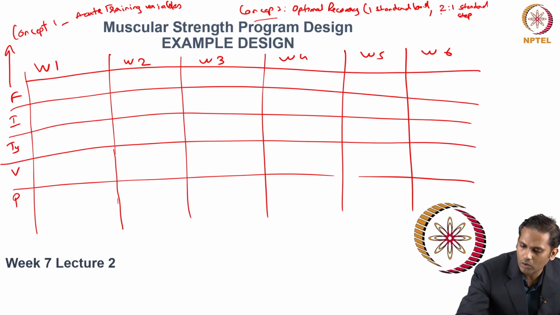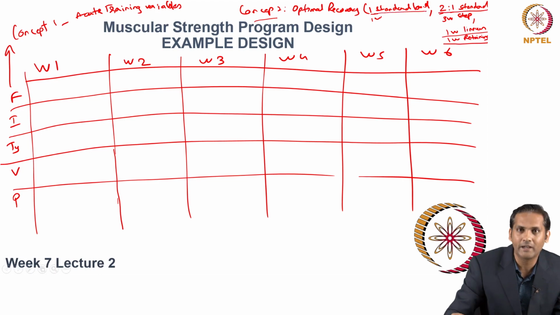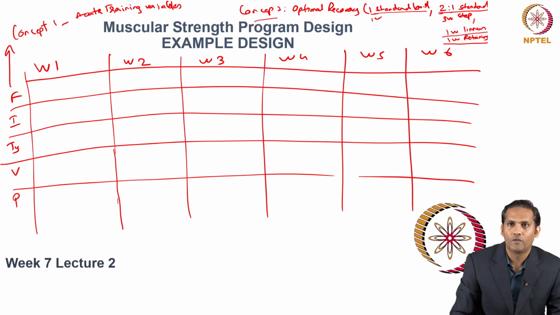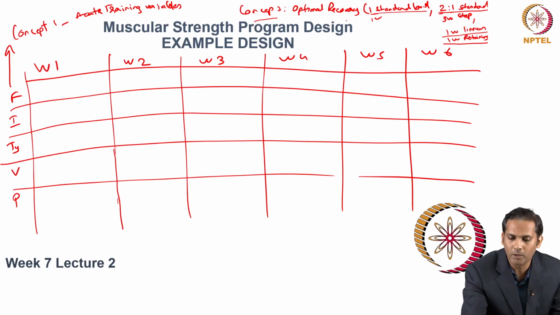So the total 2 plus 1 is 3 weeks. This is 1, 4 weeks. So I have another 2 weeks, and then followed by 1 week of linear load followed by 1 week of retaining load. So this is my loading paradigm design for myself to provide an optimal recovery.